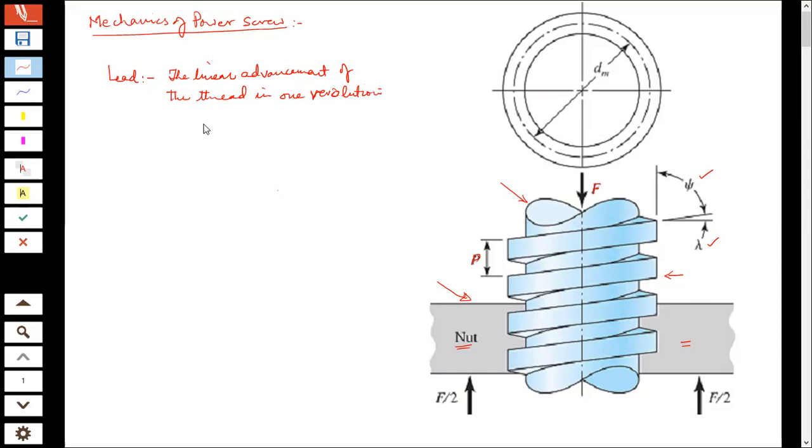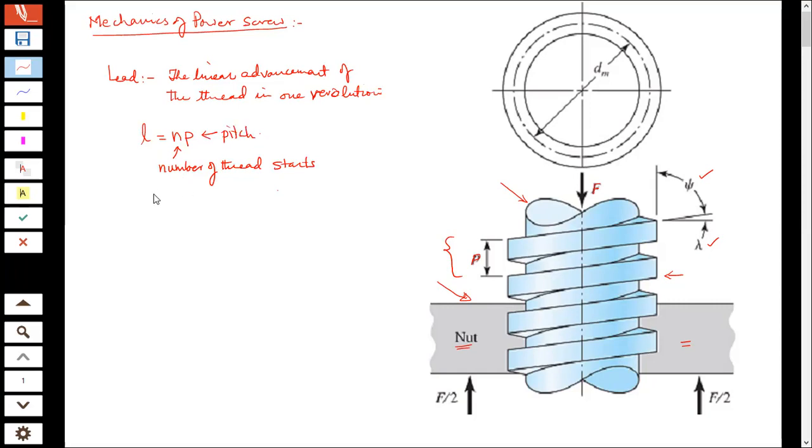It depends on the pitch of the screw. So we define lead L is equal to n times p, where n is the number of starts of the threads, and p is the pitch.